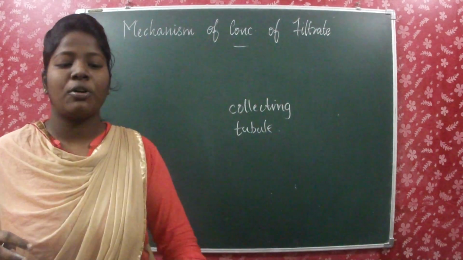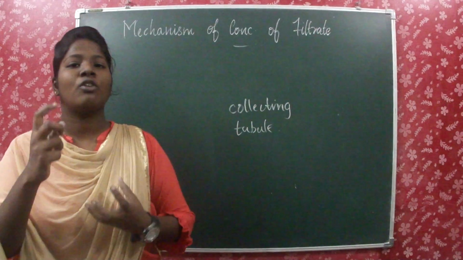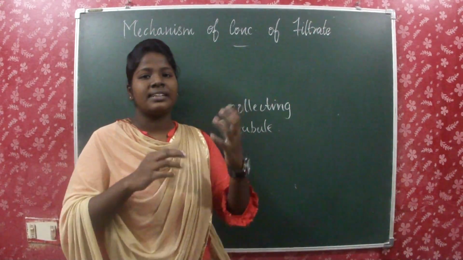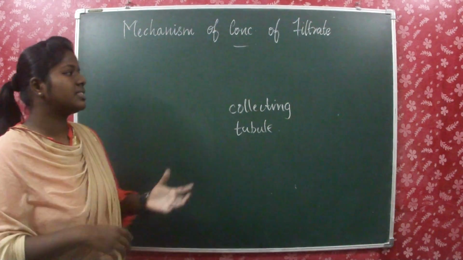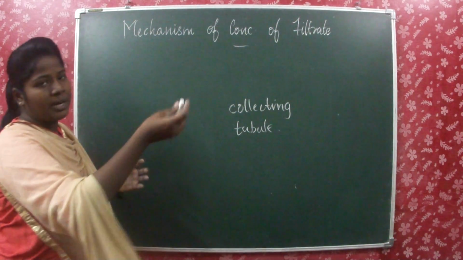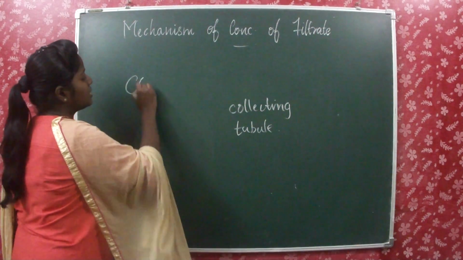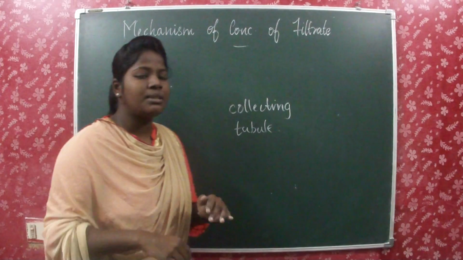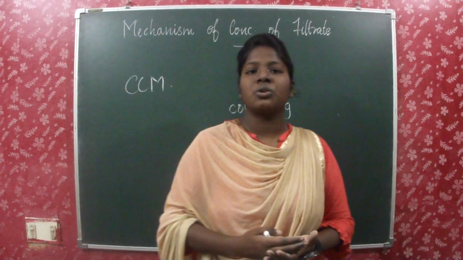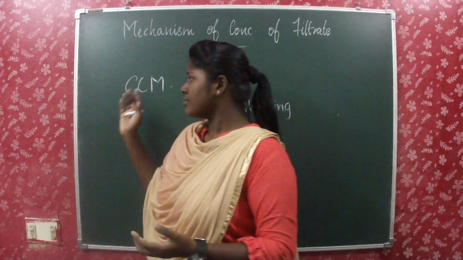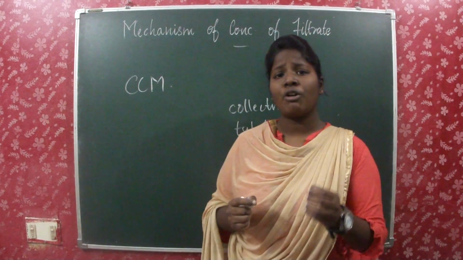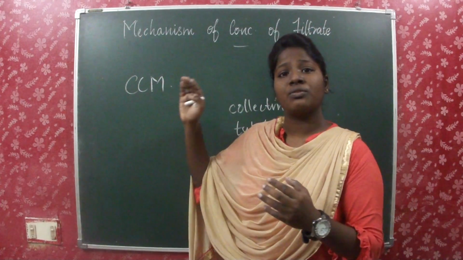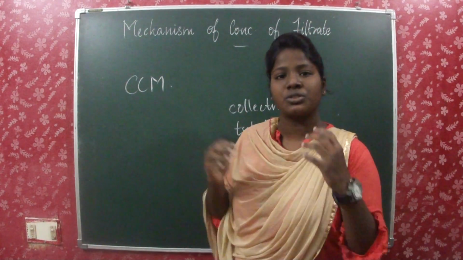So this is a flow in opposite directions. If one is transported and one is entering, it goes in a counter current mechanism. This counter current mechanism of the Henle's loop and vasa recta, by the flow of filtrate, increases the gradient with the help of urea and sodium chloride.